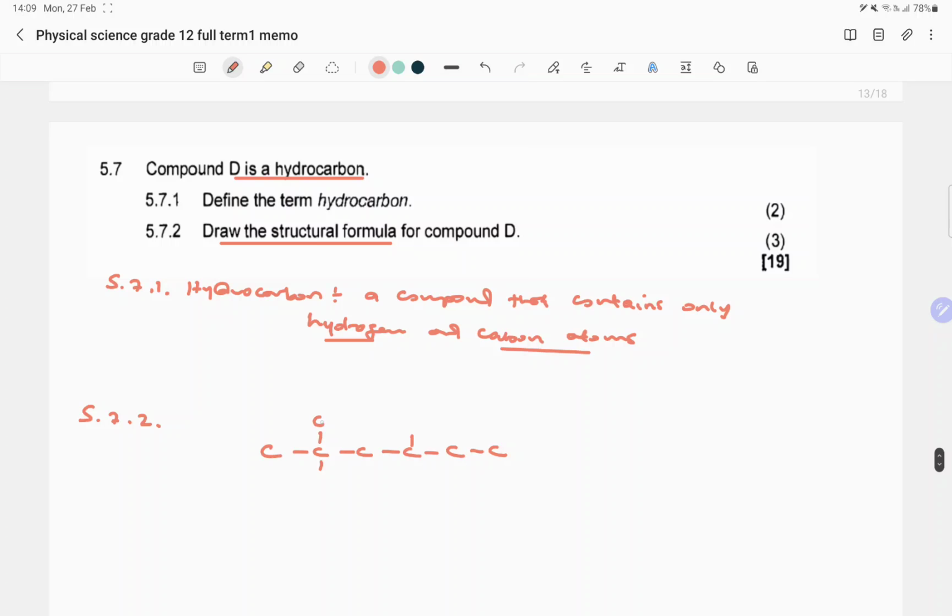So the first branch goes there, and then of course you do your hydrogens, and then here it's going to be another methyl group because it's 2,2, and then this one is a methyl group as well on the 4th carbon, and then of course we're just going to have a hydrogen there, hydrogen, hydrogen.